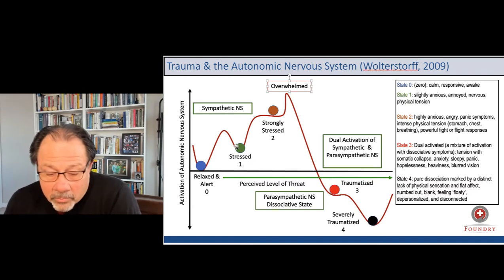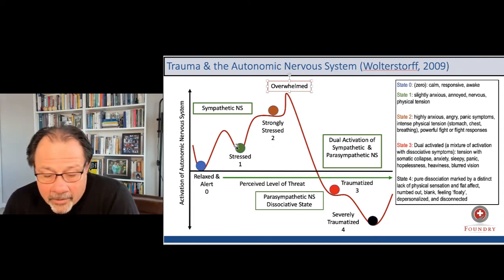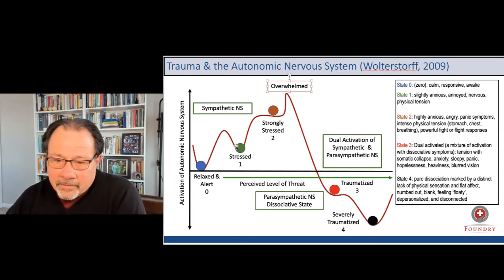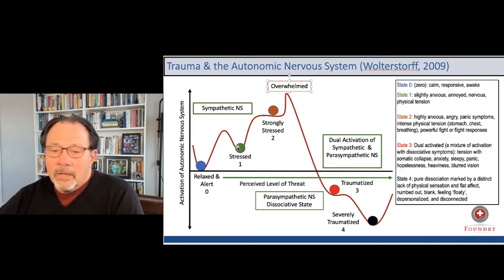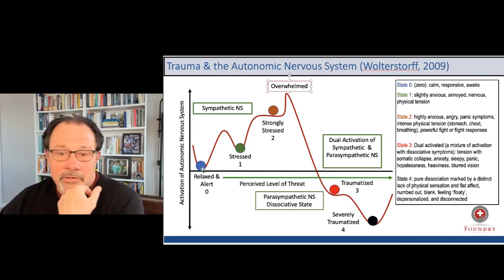And so the muscles begin to increase in their tension, heart rate begins to go a little bit higher, our respiratory rate tends to go a little bit higher, slight release of adrenaline to activate that system. And so very few people in our society live in state 0.